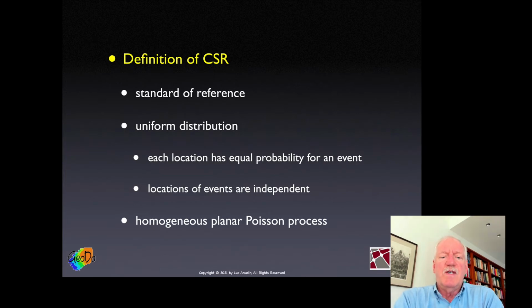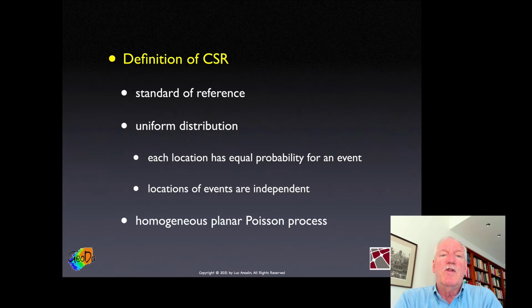And it's in essence the conceptualization of a uniform distribution in two different ways. And it's important that it's not just one aspect, it's both aspects. So each location has the same probability of having an event. So the risk surface, if you think of it that way, is uniform, is the same everywhere.